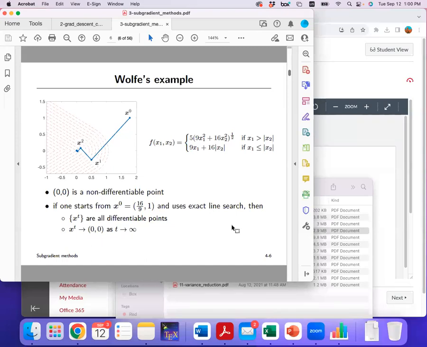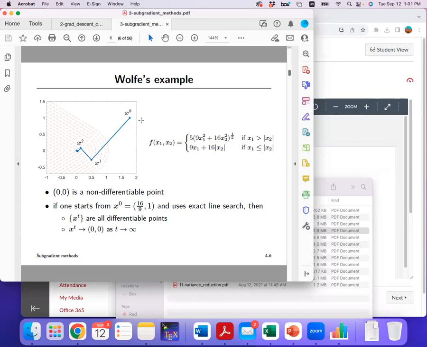And there's a very simple example. This is a two-dimensional optimization problem, and it is convex. Well, when you start from an initial point, when you start from this point and use an exact line search algorithm, and we did not introduce this algorithm, but it is kind of like searching for a steepest descent direction and searching for a proper step size.